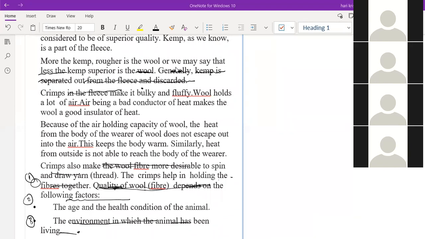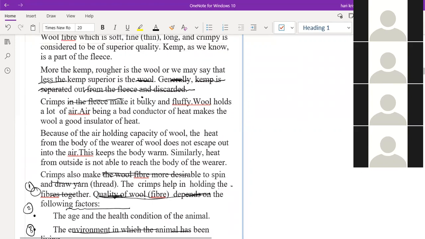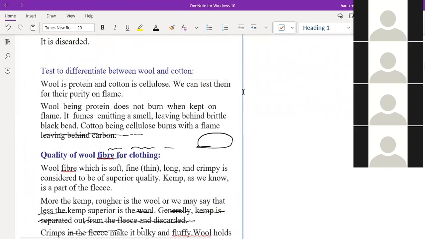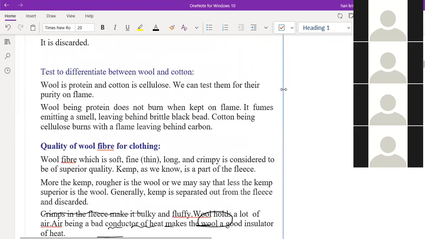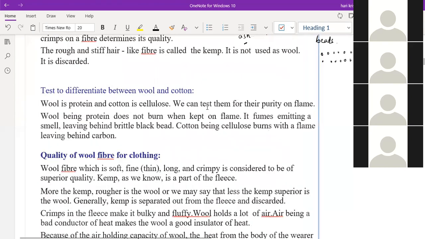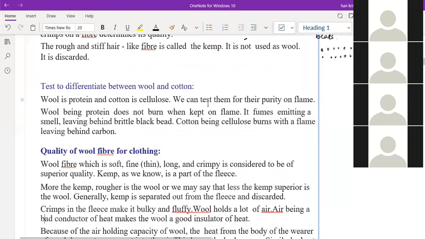If you have two clothes, how can you differentiate between them? Suppose you take wool and cotton.